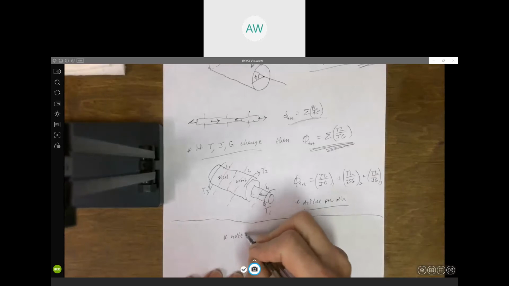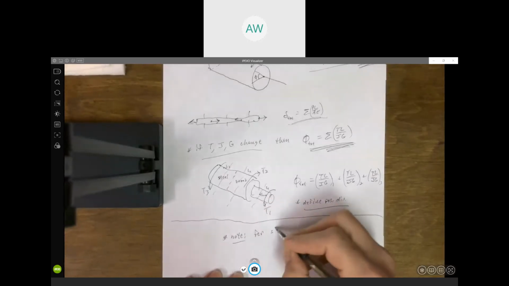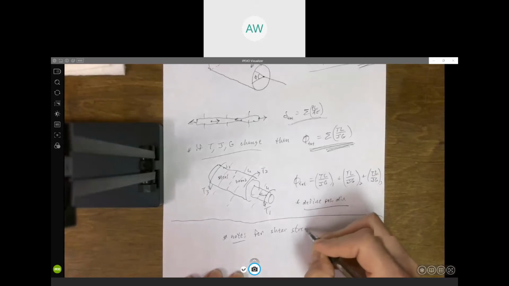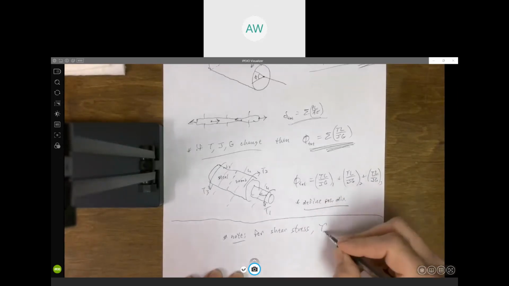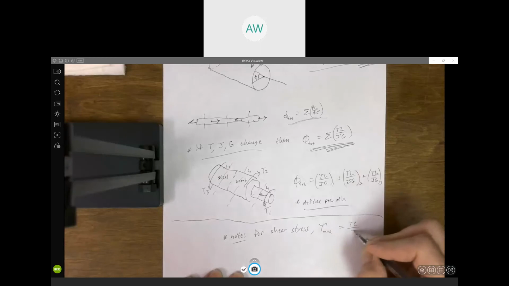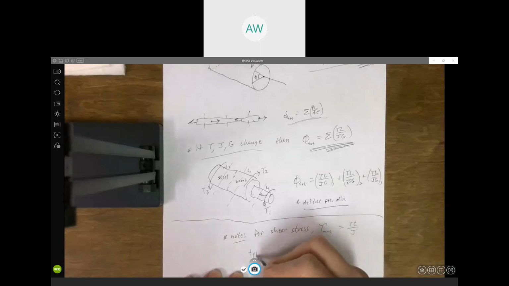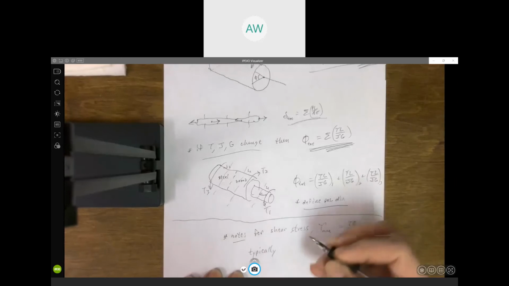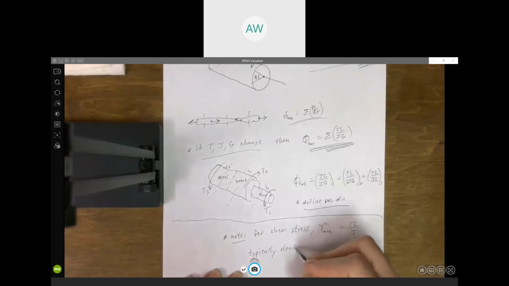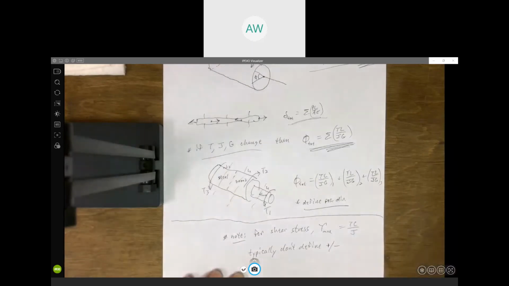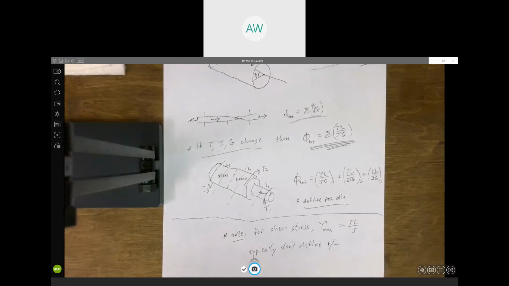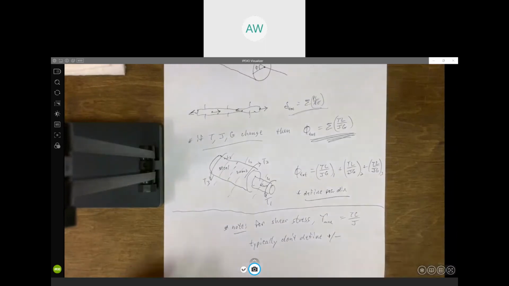But just make note here for shear stress, tau equals TC over J, we typically don't define plus or minus. When we did normal stress, I told you, yes, you need to differentiate between tension and compression. That's because a lot of materials behave differently in tension or compression.